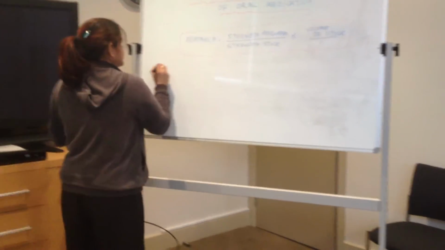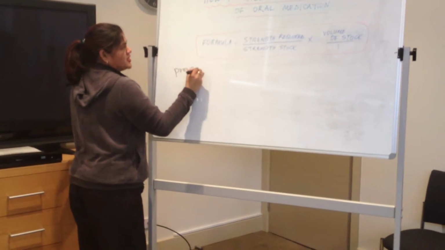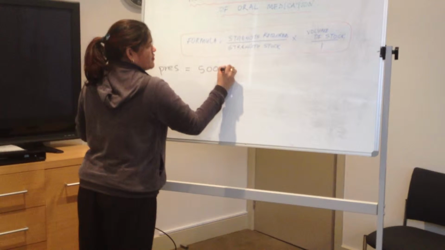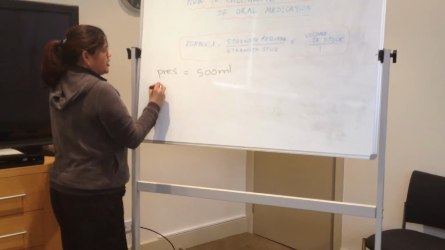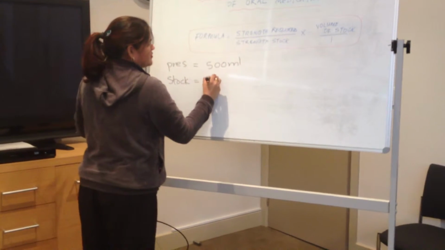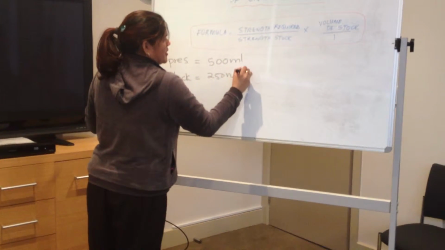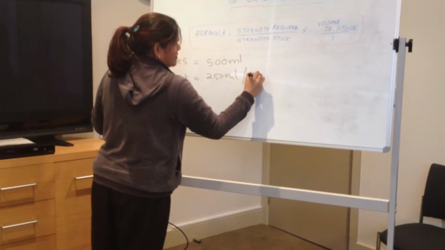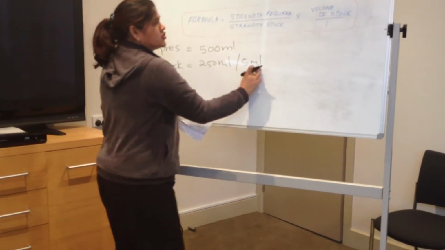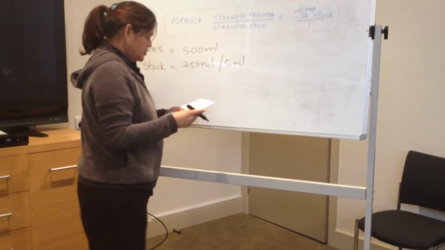Now, this is your prescription from the doctor. You're required to give the patient 500 ml. In your stock, you have 250 ml in 5 ml. This is where you're going to use your volume of the stock.